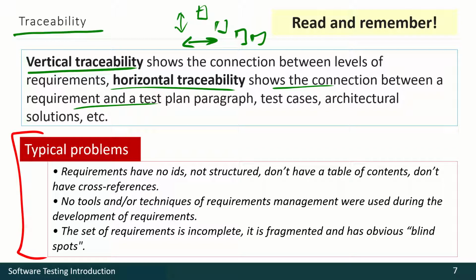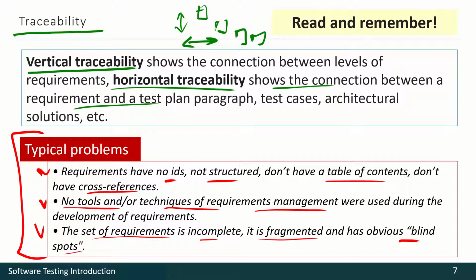If the requirements have no IDs, structure, table of contents, cross-references, some search mechanism, it is extremely hard to navigate such a dataset. If you use no tools, no special techniques for requirements management, we may end up with a lot of mess, with chaos instead of good requirements. And if the set of requirements is somehow incomplete or fragmented or has blind spots, it is extremely hard to navigate and understand all this.